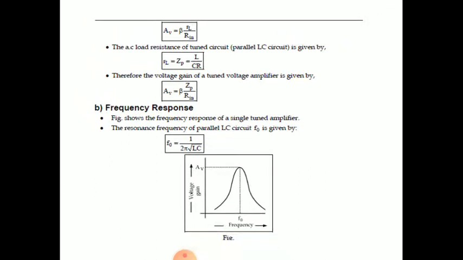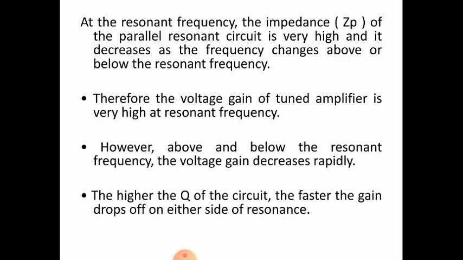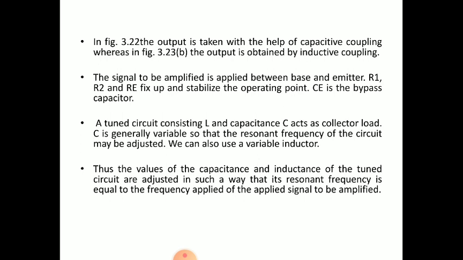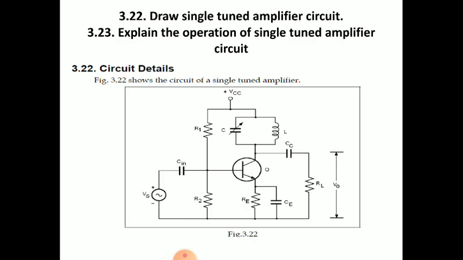If any of the values is changed, the f naught will change. So in this circuit we have used a variable capacitor, and similarly we can use a variable inductor also, and both can be variable and used in a single circuit also.